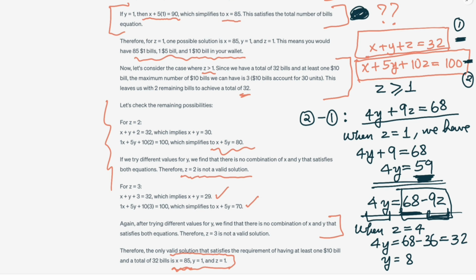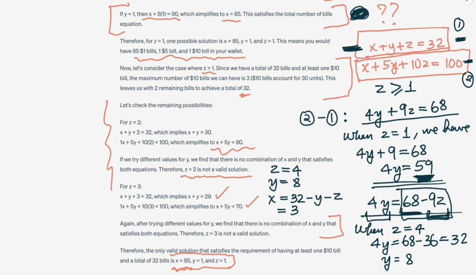And we can use those values of z and y to find a value for x using this equation. So z equals 4, y equals 8. So x equals what? We know that x equals 32 minus y minus z.